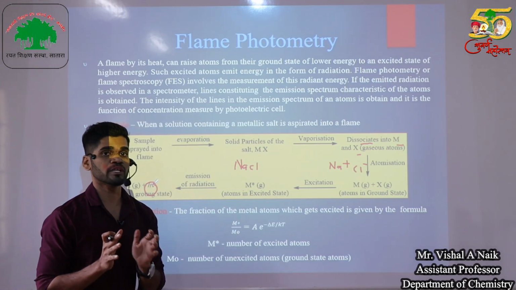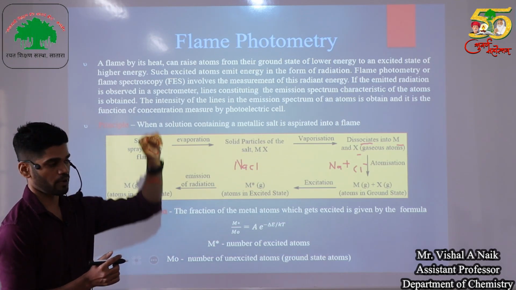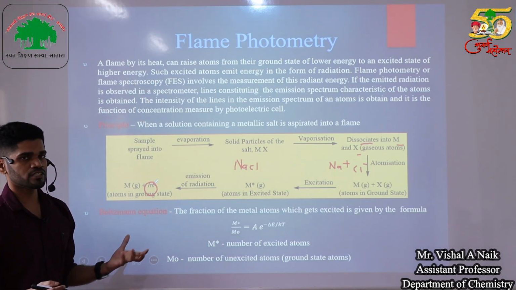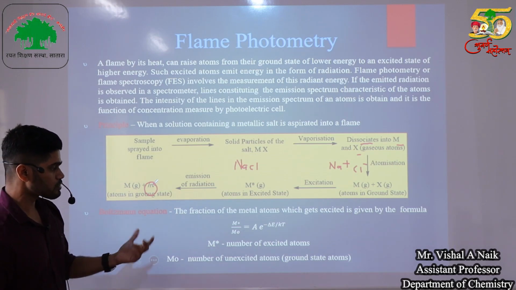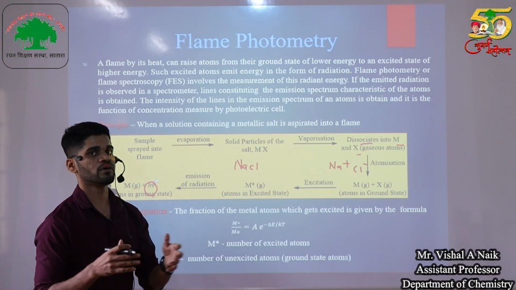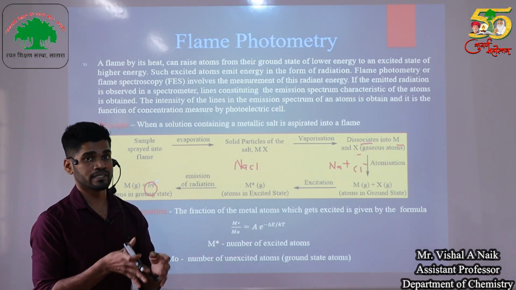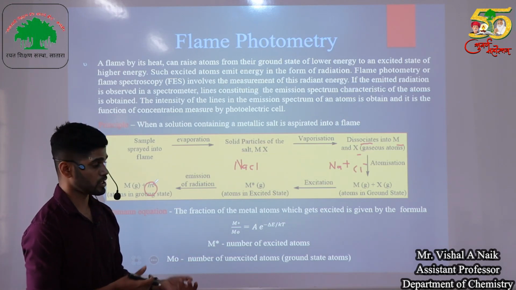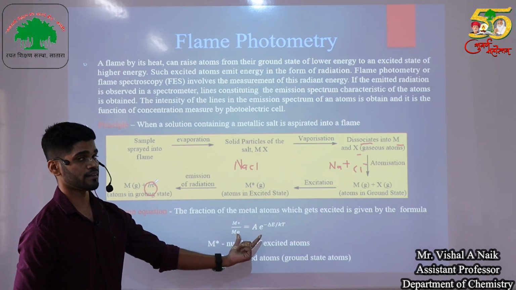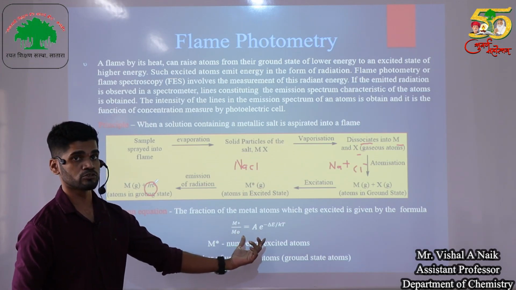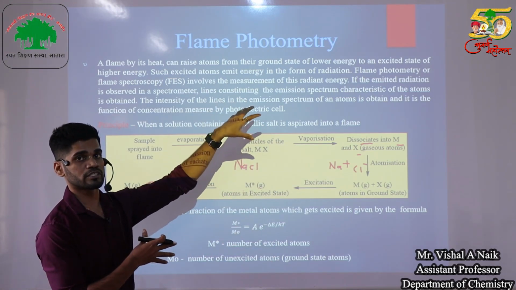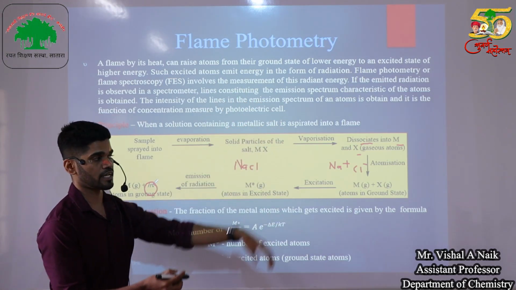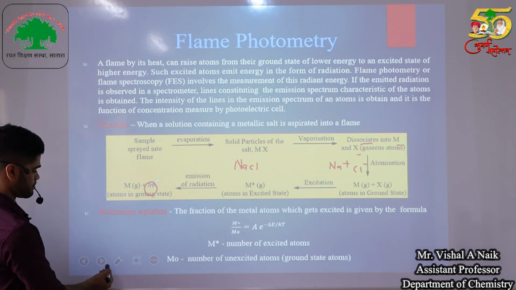This is the basic principle of flame emission spectroscopy. The Boltzmann equation is used to calculate what amount of excited atoms are present in the sample solution. This is the general Boltzmann formula used to calculate the concentration of the substance.